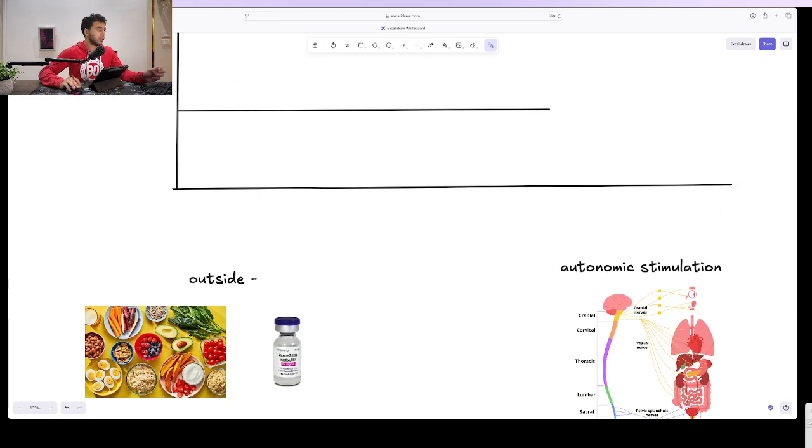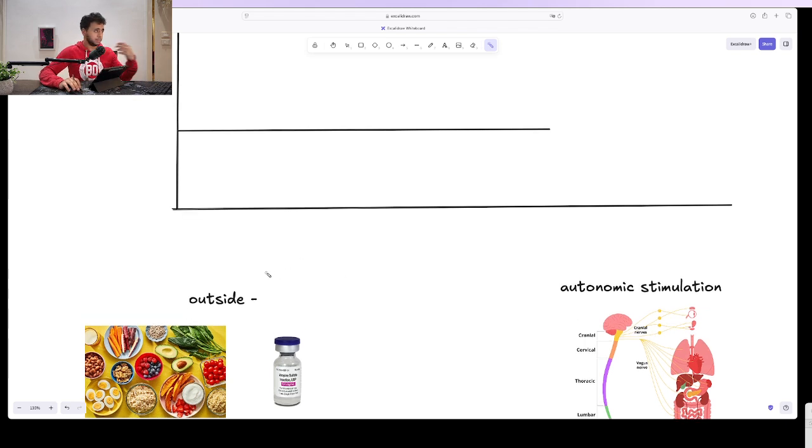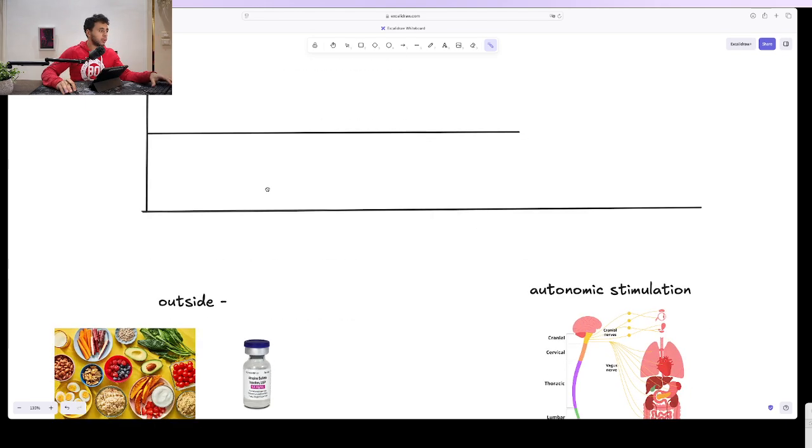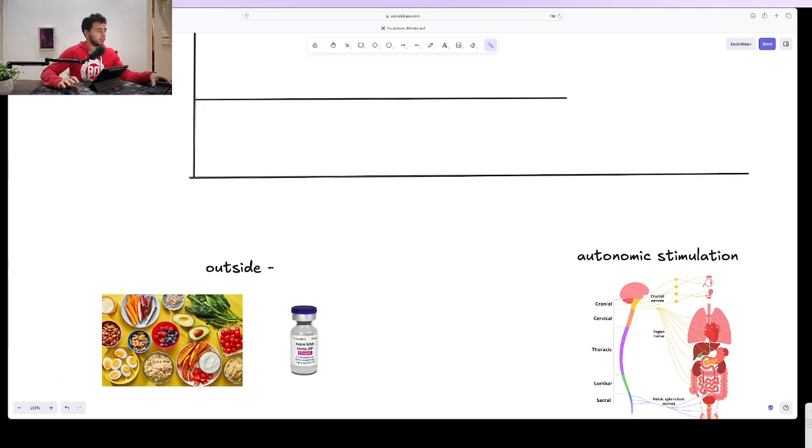Either from outside, something not related to the body: food will increase our salivary secretion, because we need saliva to dissolve the substances that let us taste the food, to make it easier to swallow, and so on. So food is one of the things that increases our saliva.